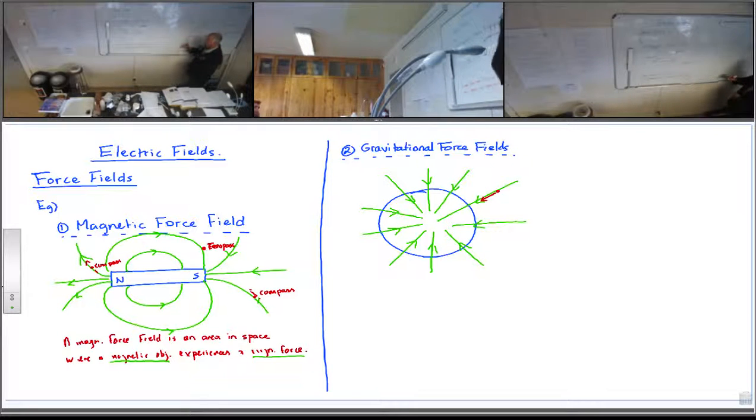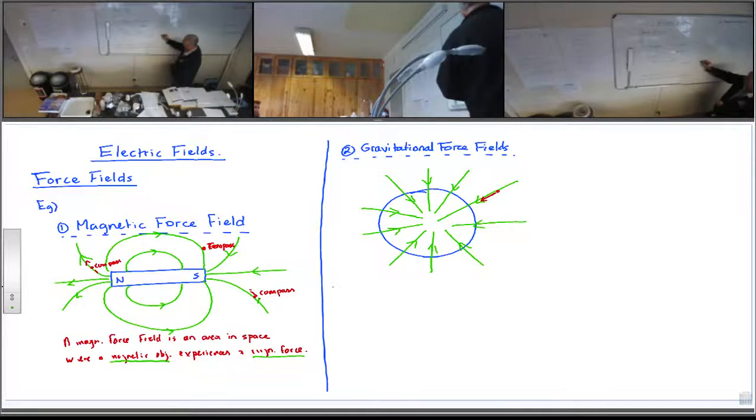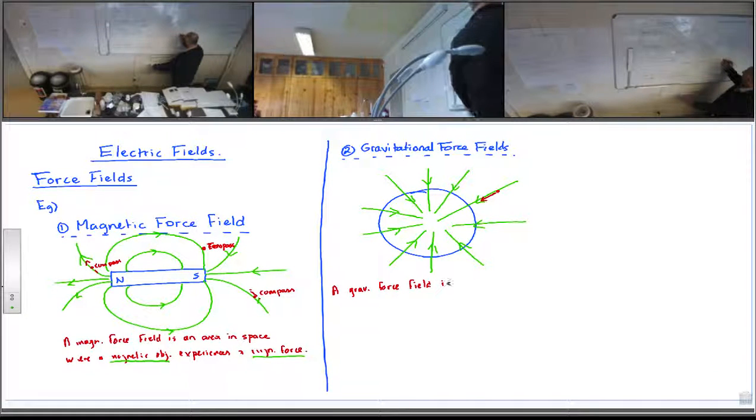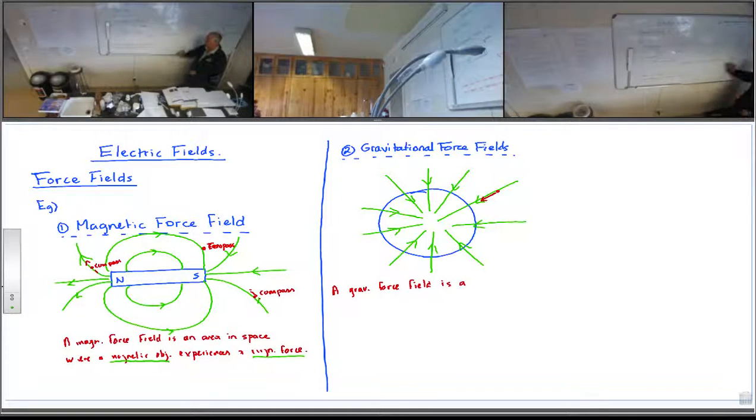Okay. So who can give me a definition of a gravitational force field? Carry on from this one. Is an area, to keep it correct, in space. Some textbooks talk about a region in space.